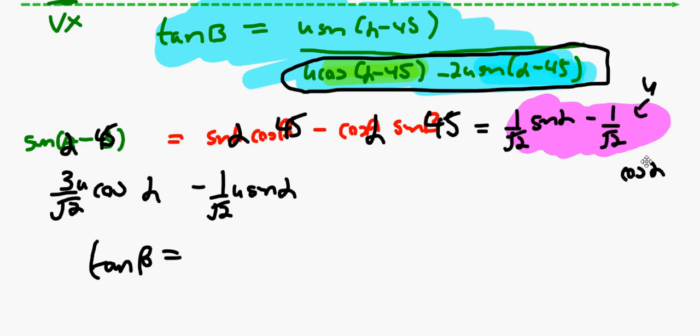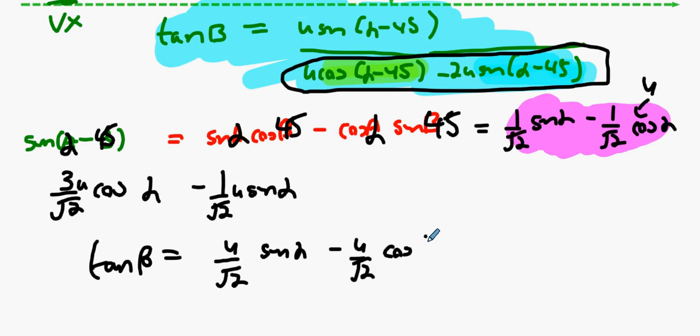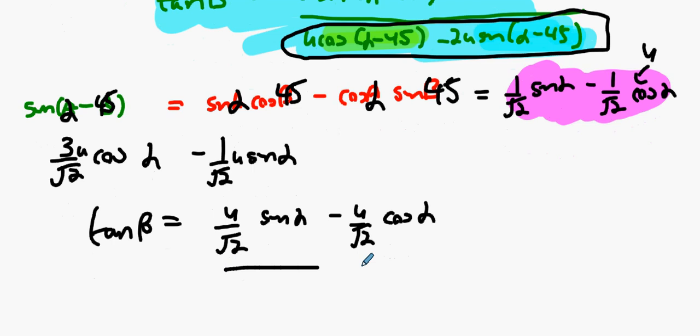There's a cos alpha there as well. Multiply all that by u. So it's going to be u over root 2 sine alpha minus u over root 2 cos alpha. And then on the bottom, we're going to have 3 over u root 2.